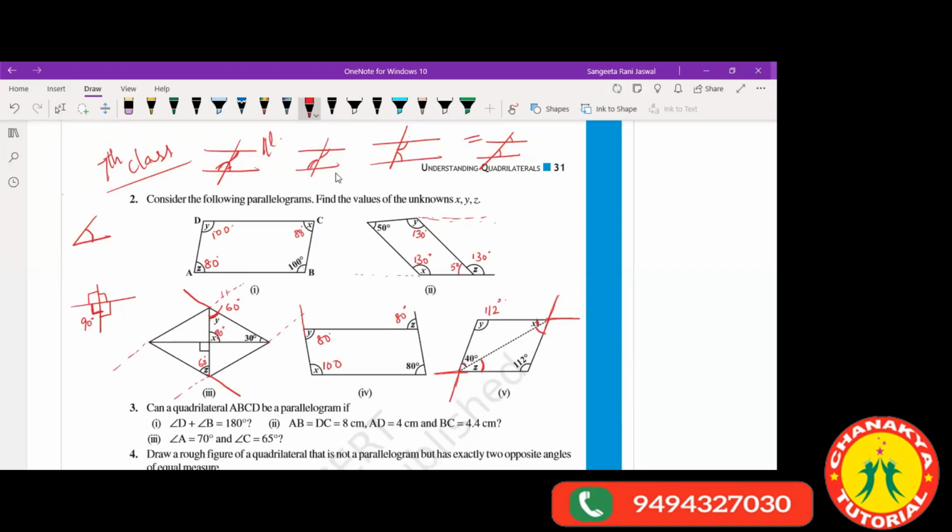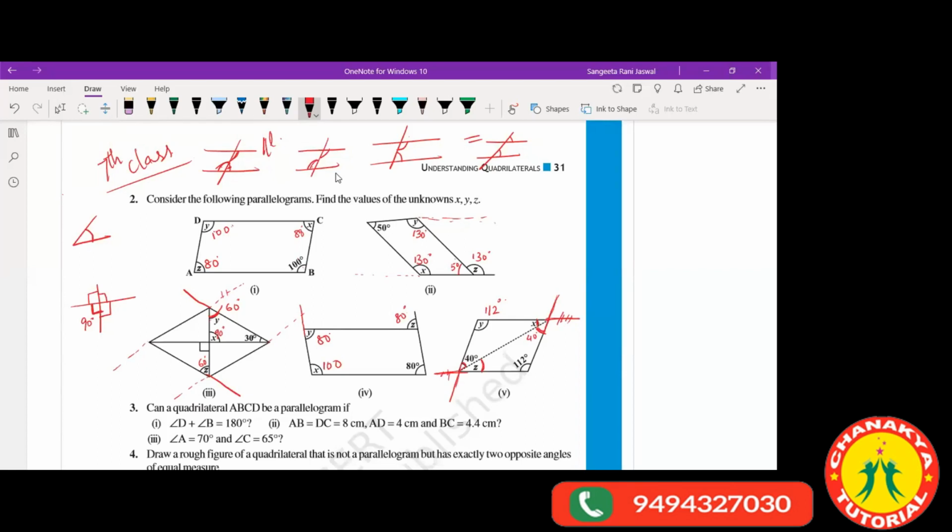So now I can see, if I have extended this line, this is making a 40 degree angle with this, and this is the transversal which is cutting the line. So I can see this angle is 40 degrees. See that, no? This is making a 40-degree angle with the baseline.